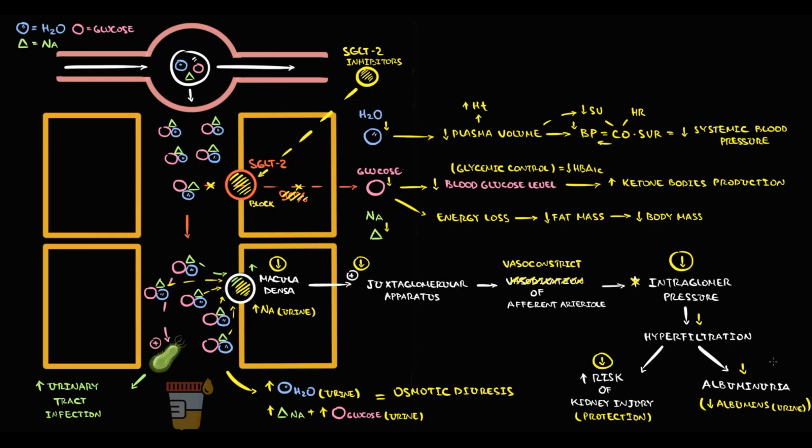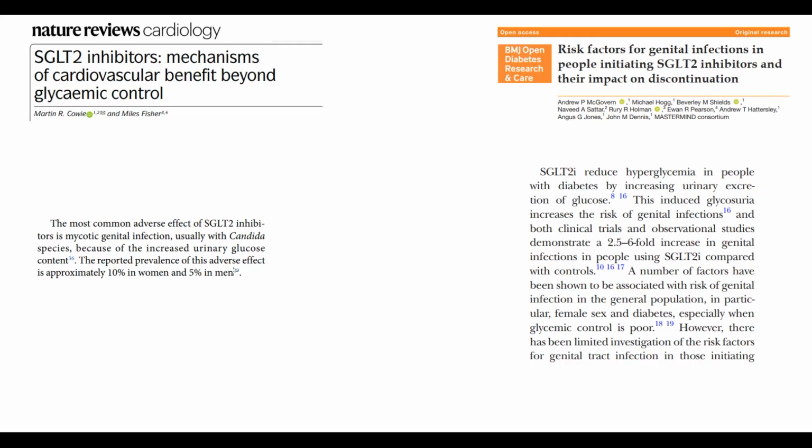Because glucose reabsorption decreases, the amount of glucose in the urine increases. It creates a problem because bacteria and fungi very much like glucose, and with increase in glucose delivery to them, their growth and proliferation increase, which significantly increases the risk of urinary tract infections. For today, we know that the most common adverse effect of SGLT2 inhibitors is mycotic genital infections, usually caused by Candida species.